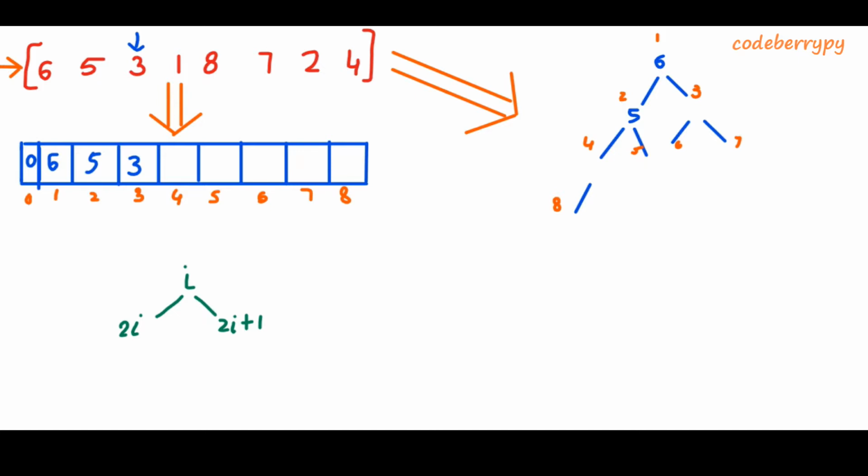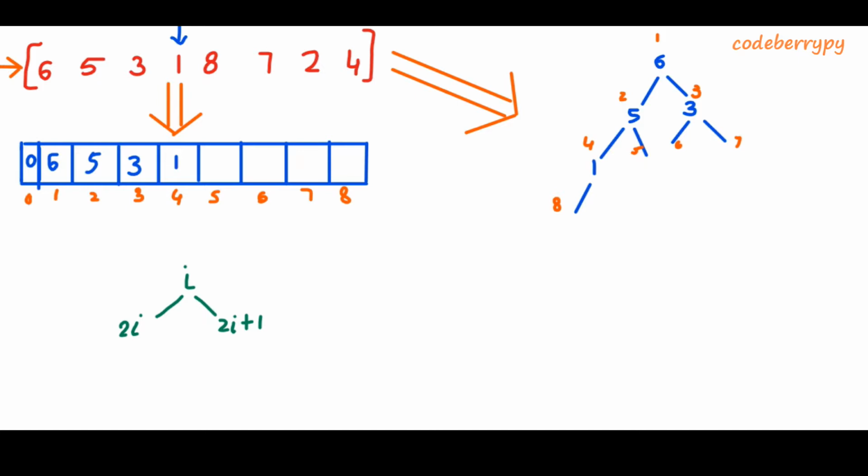So 3 comes at the right of 6 in the heap tree. The next is 1. Append it inside the heap array. Index 4 is the left child of index 2. So 1 will come at the left of 5 in the heap tree.